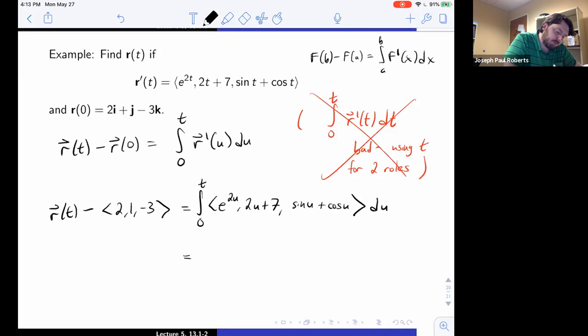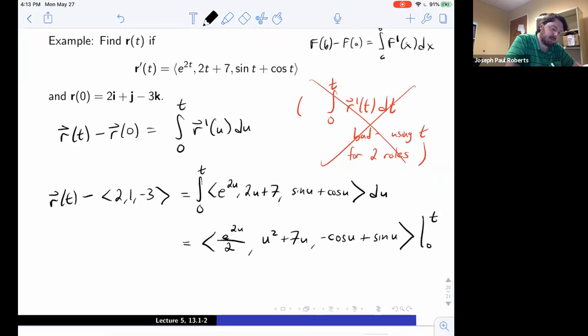And so you just do this component by component. So what's the antiderivative of e to the 2u? Well, e to the 2u over 2. What's the antiderivative of 2u plus 7? Well, u squared plus 7u. What's the antiderivative of sine of u plus cosine of u? Well, minus cosine of u plus sine of u, evaluated between 0 and t.